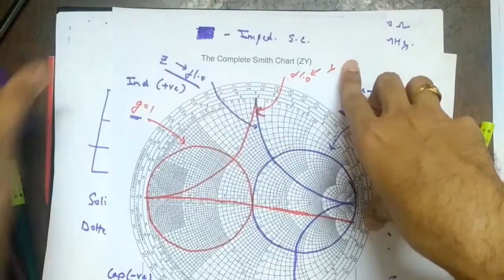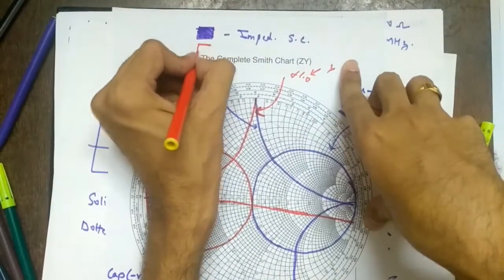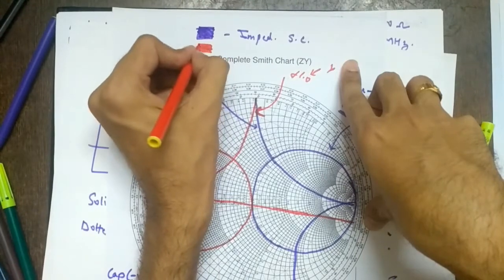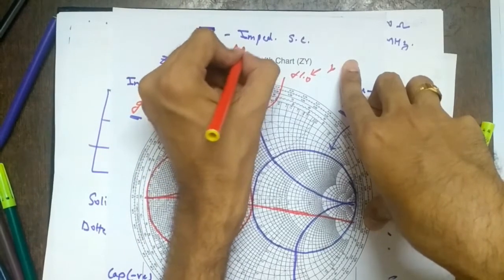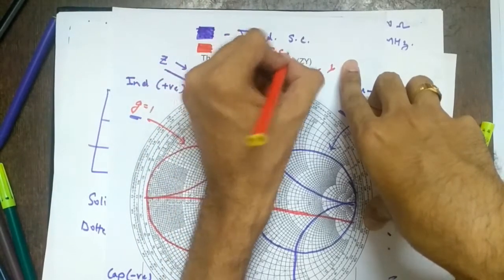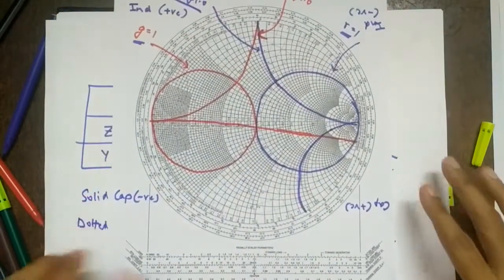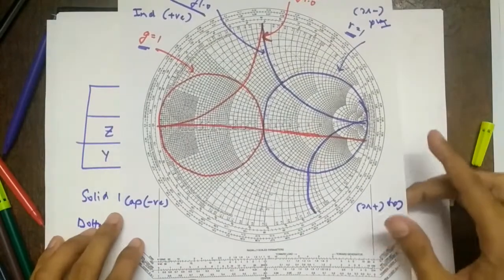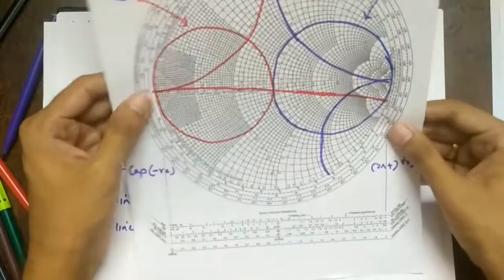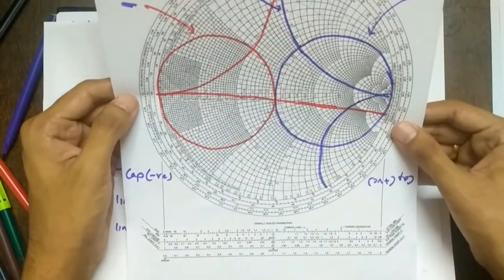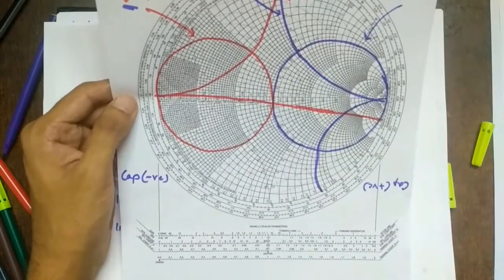Impedance Smith chart. Then red color, it represents what? Admittance Smith chart. Fine. What else you should know? Yeah, that's it.